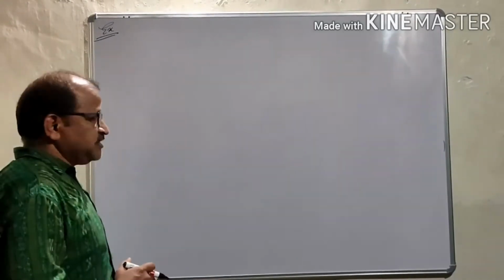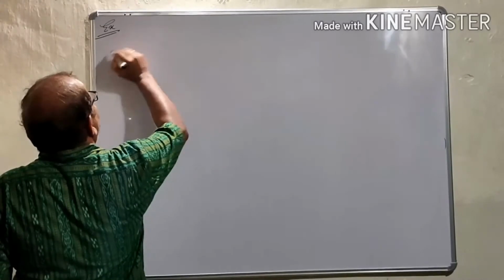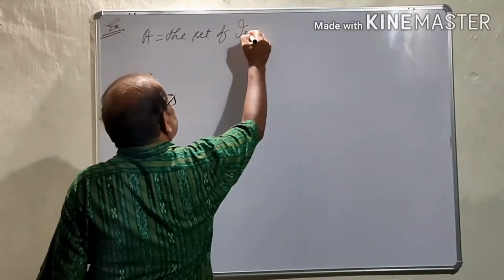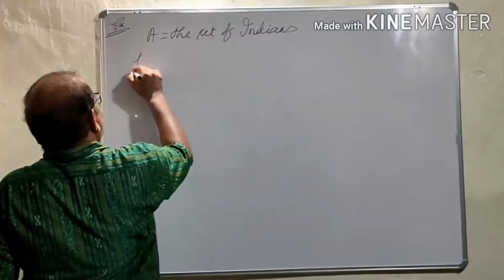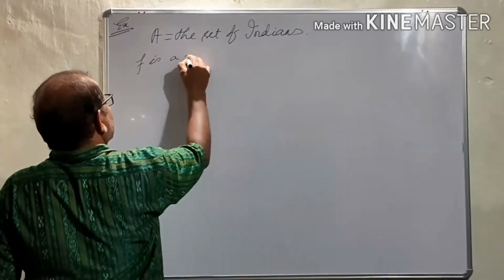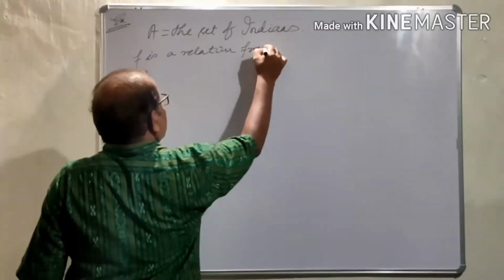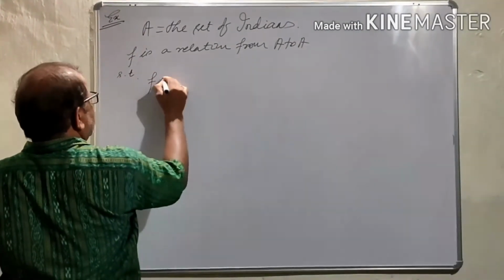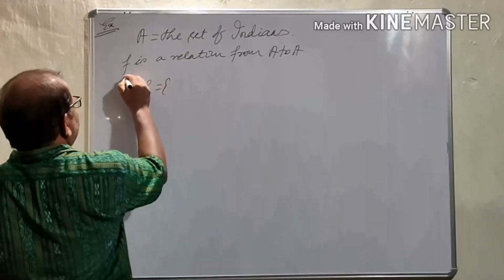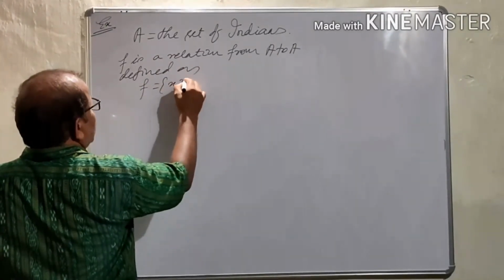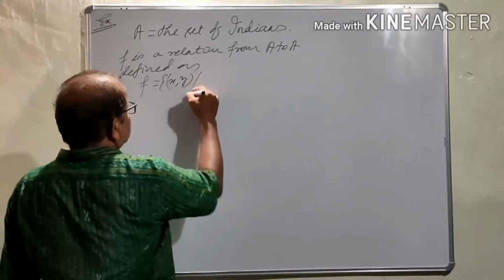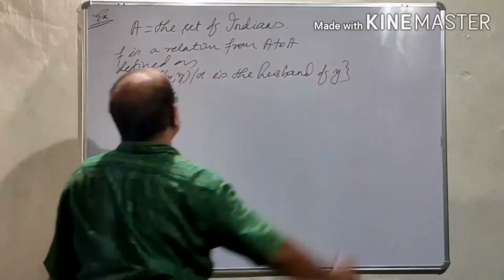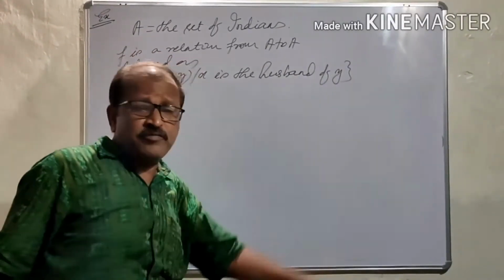From the discipline of our society, say A is the set of Indians, and F is a relation from A to A defined as F is equal to XY such that X is the husband of Y. Then it should be a one-one relation.